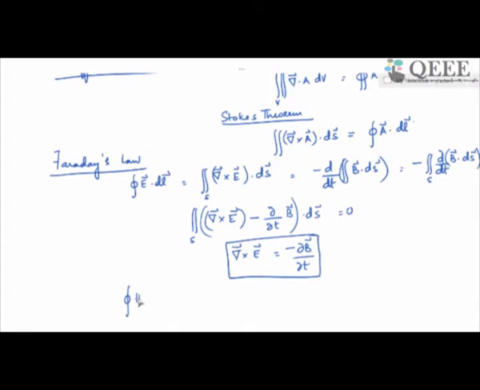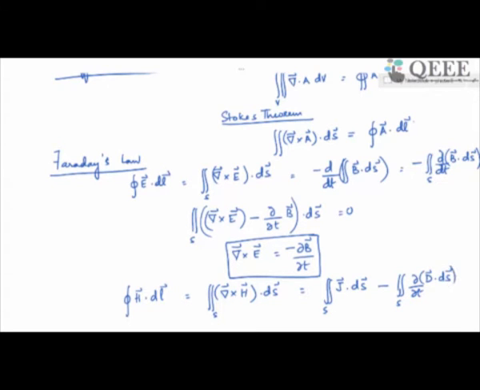Similarly, I can write the loop integral H dot dl as the surface integral of curl of H dot ds, and the right hand side is the surface integral J dot ds plus the surface integral del by del t of D dot ds.